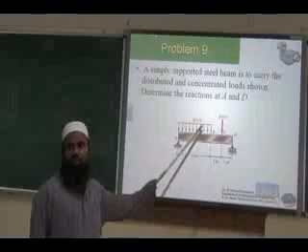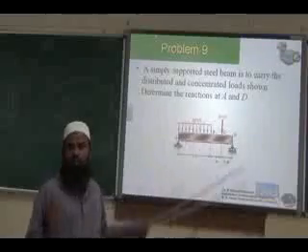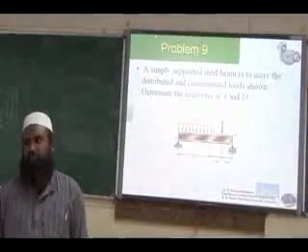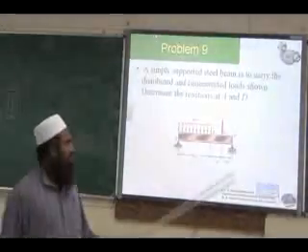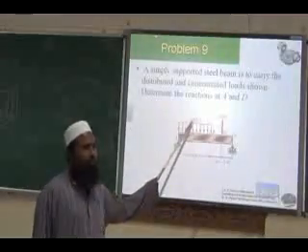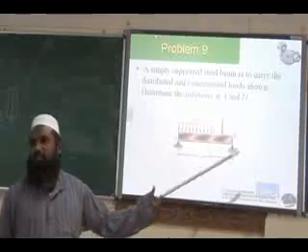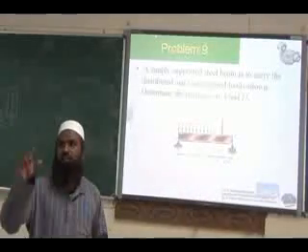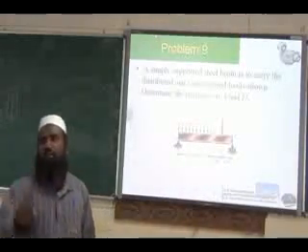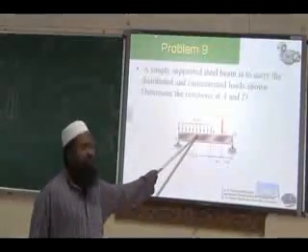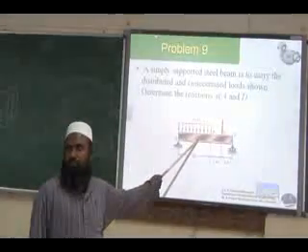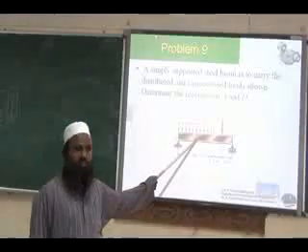So first, you have to convert this UDL into a single point load. How will you convert? 20 times 3, the area of the rectangle. That will be the magnitude of the load, and it will act at the middle of portion AB, 1.5 meters.